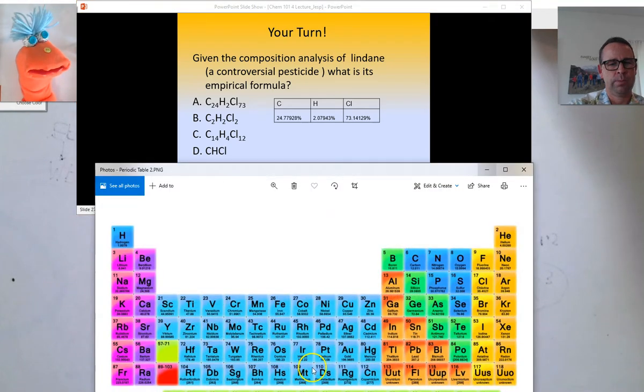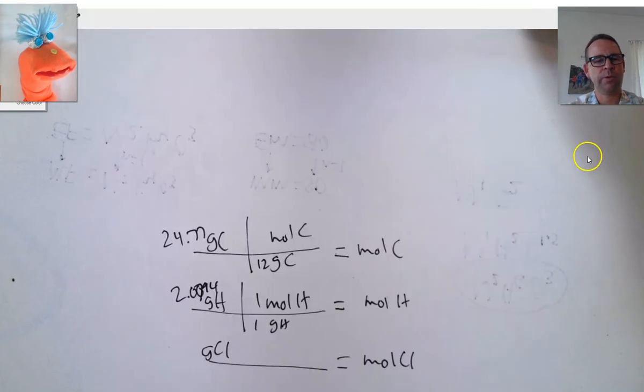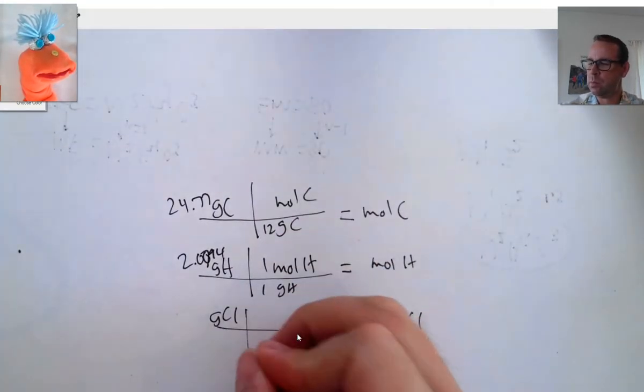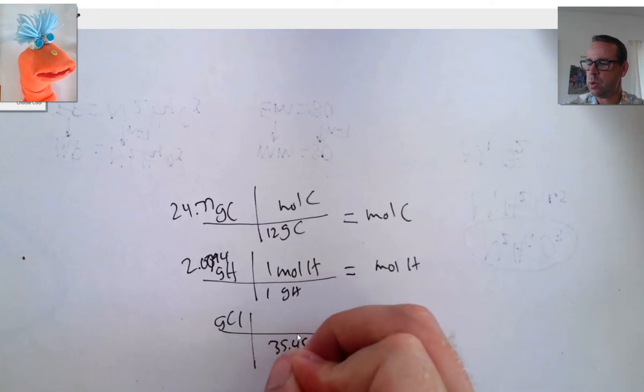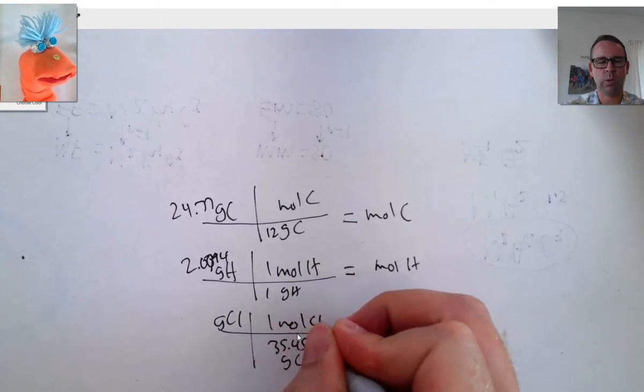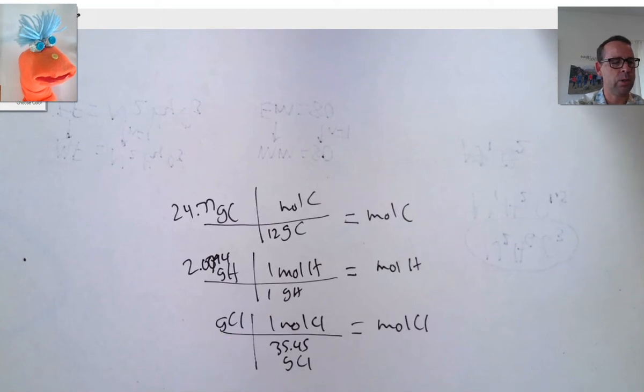No, I don't. So 35.45. Okay? So 35.45 grams of chlorine for every 1 mole of chlorine. Very good.